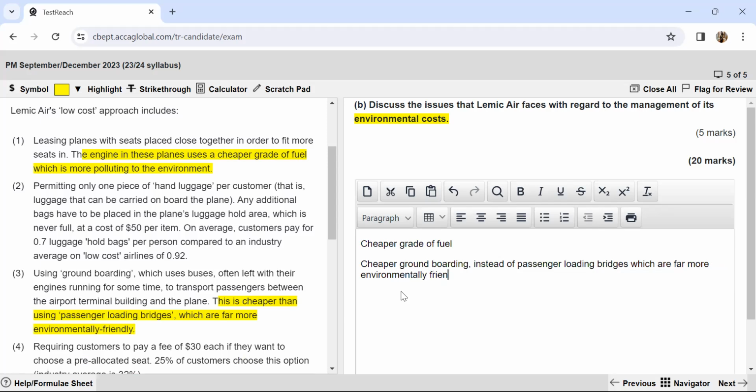So these are the two points that we will take from the scenario and link with the scenario. So we will talk about both of these things over here, that they are using the ground boarding rather than the passenger loading bridges.